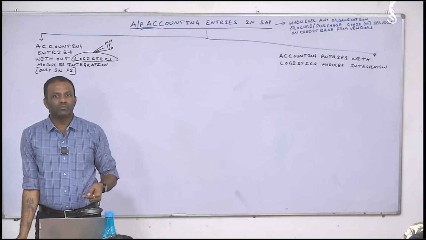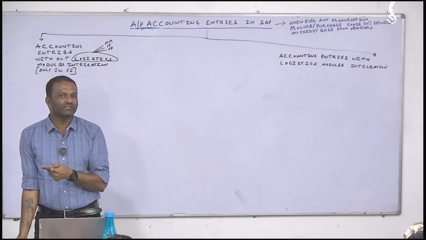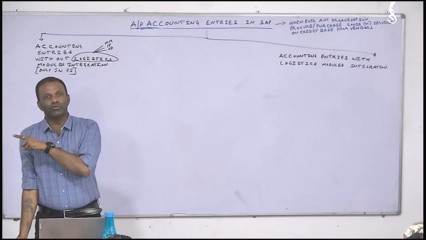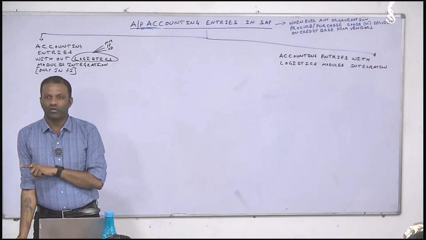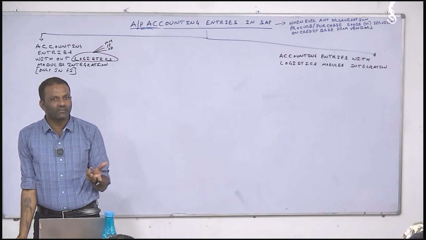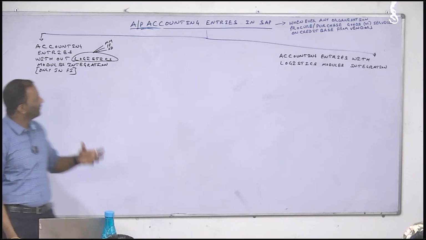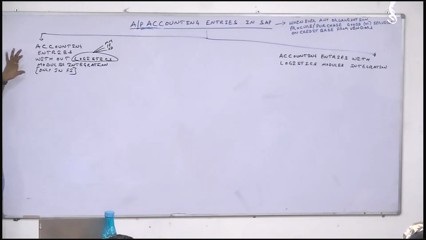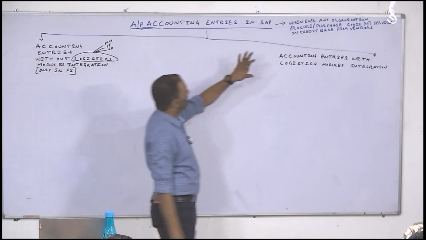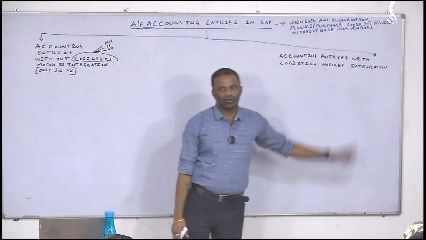So in finance books, employees are always treated as vendors. There is no logistics involvement here either. These types of entries we call accounting entries without logistics module integration. Then what is the second one? Accounting entries with logistics module integration.